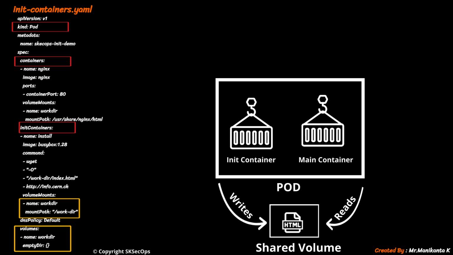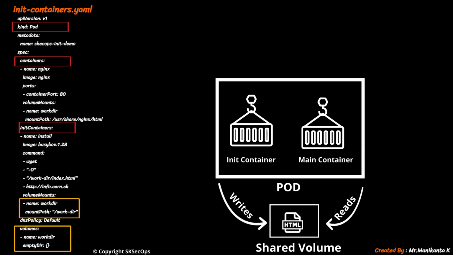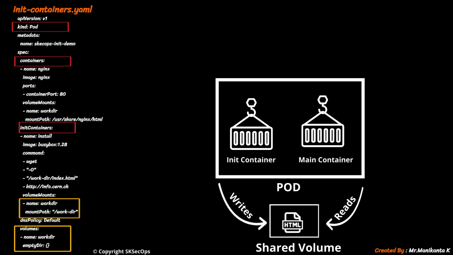The path /workdir does not exist in busybox by default, but Kubernetes automatically creates it when mounting the shared volume. Once the init container successfully completes the download, the index.html file is now stored inside the workdir volume.